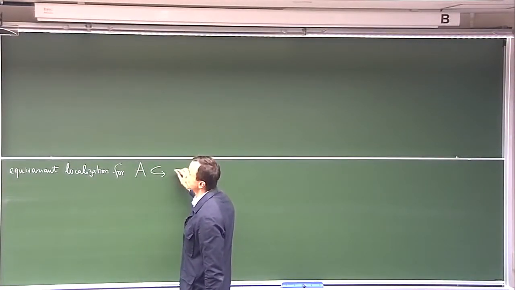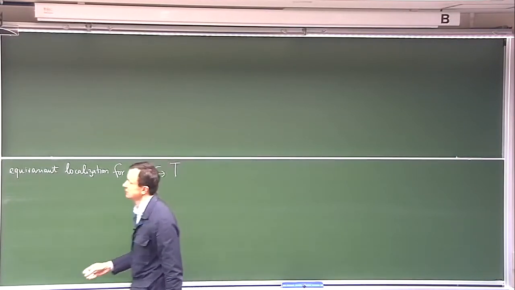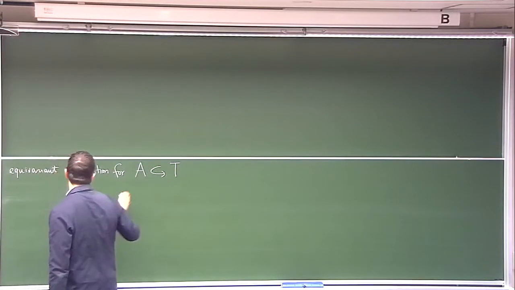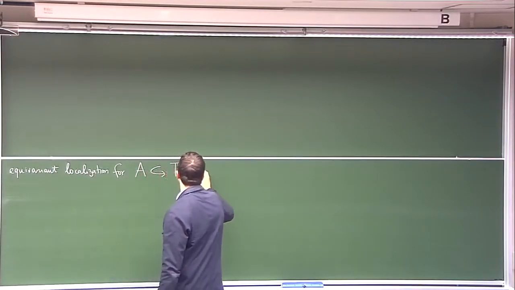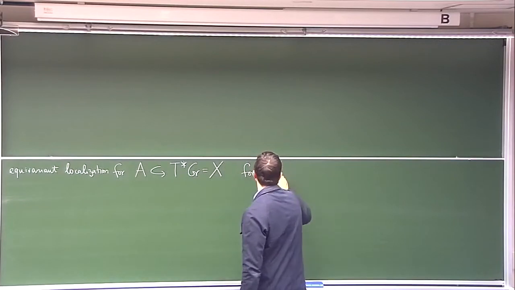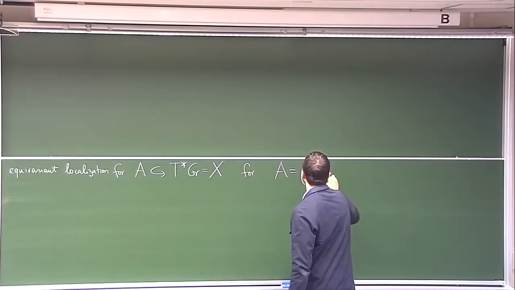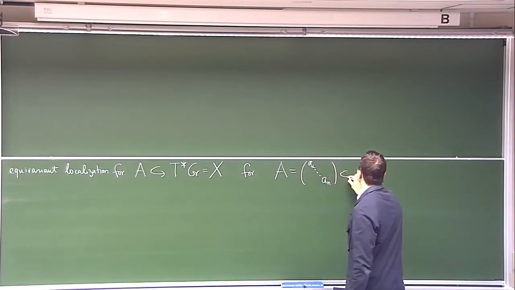So localization for the action of A on my X, or maybe I'll restore it to T star Grassmannian. This is my X. For A, this is the diagonal torus A1 to N, a subtorus in GLN.